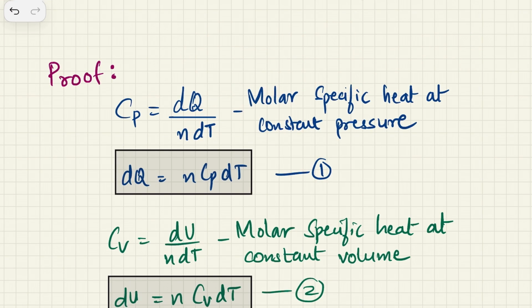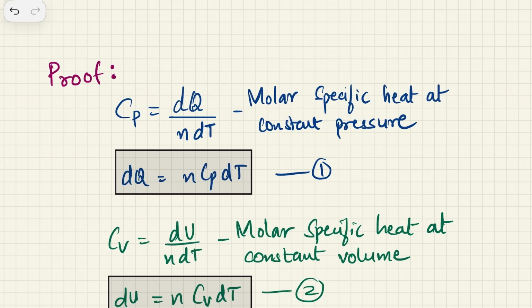Basically, specific heat is the amount of heat energy needed to raise the temperature of a unit mole of a body by 1 degree Celsius. You can go back and listen to the definition of specific heat.